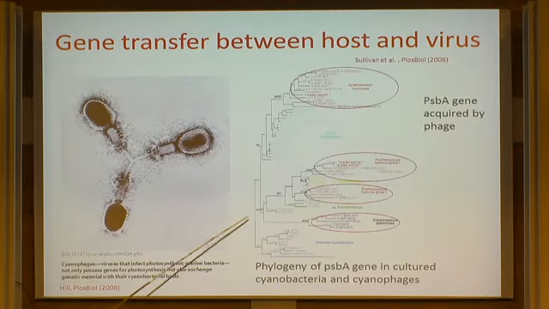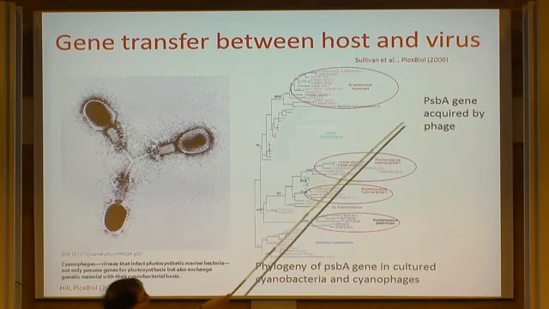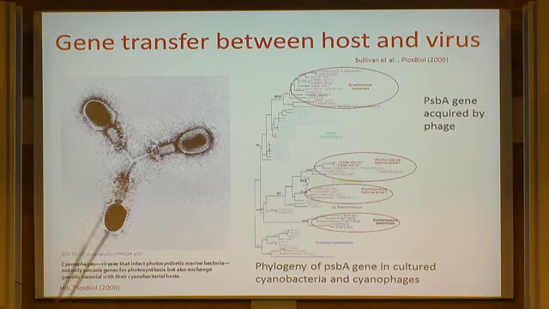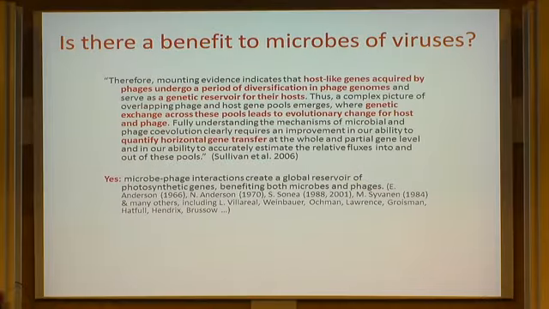Now what this phylogenetic tree here shows, this is for one of these genes, is that these genes have been swapped back and forward between the virus and the host many times over evolutionary time. And the reason that has happened is horizontal gene transfer, but the effect of that is to benefit the bacteria. Why does it benefit the bacteria? Well, the genes can diversify much faster in the phage than they can in the host, because there's no error checking and so on.